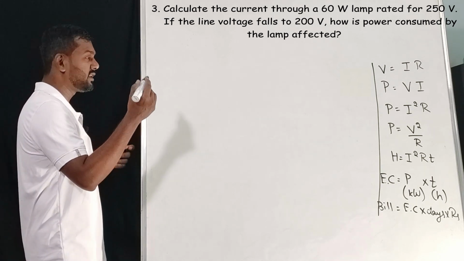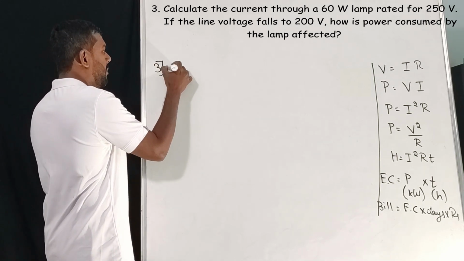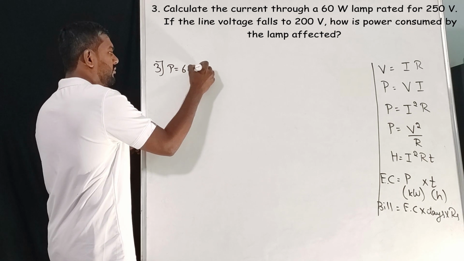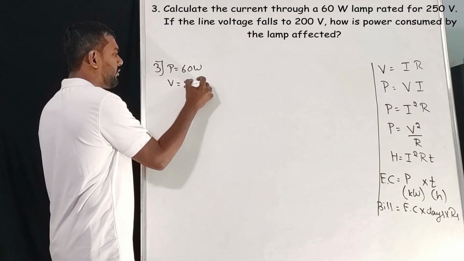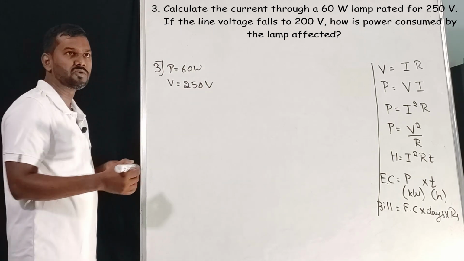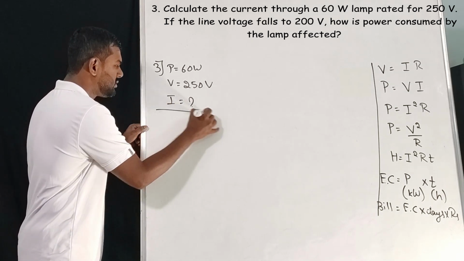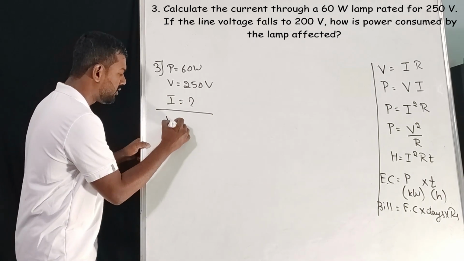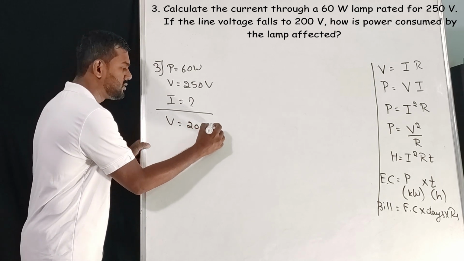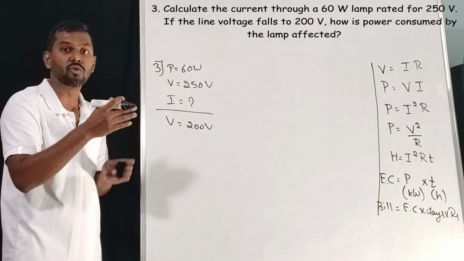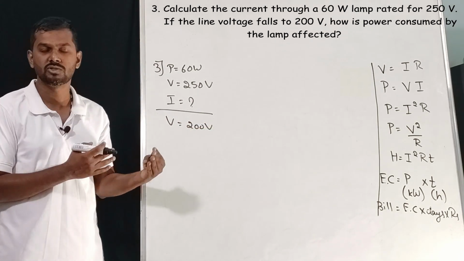First we'll write the given data. Power is given as 60 watt and voltage is given as 250 volts. Using these two we need to find the current. Once we find the current, they are going to reduce the voltage to 200 volts. Line voltage is nothing but supply voltage only.